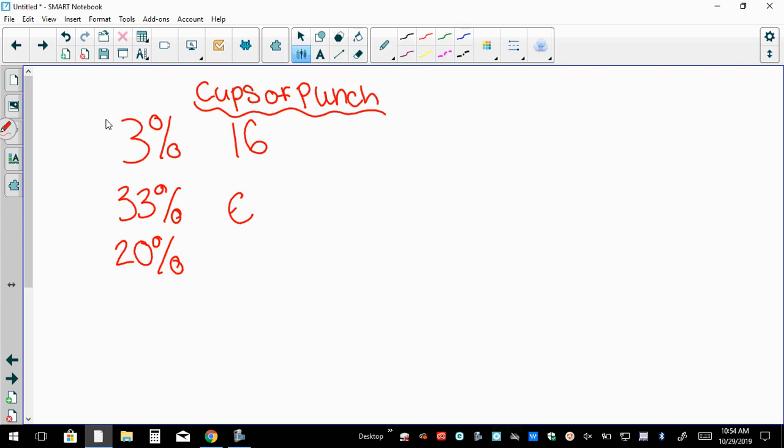It says how many cups of 33% punch we need to add to the 3% punch to obtain a punch that is 20% pineapple juice. So there's 16 cups that are 3%, and C cups that are 33%, so that'll be 16 plus C.